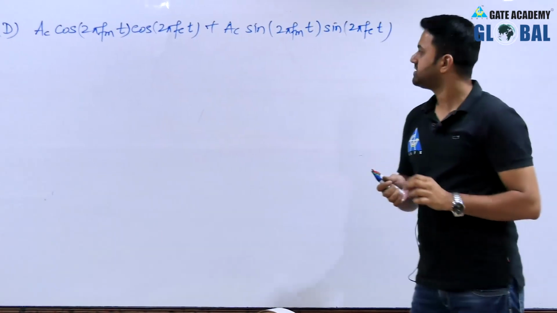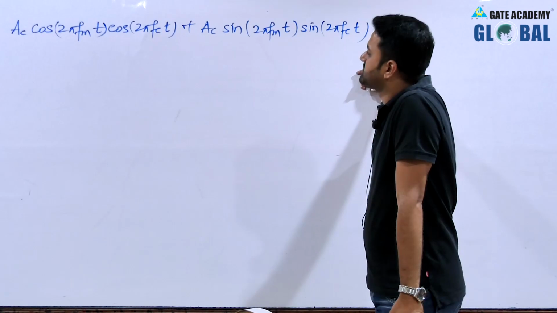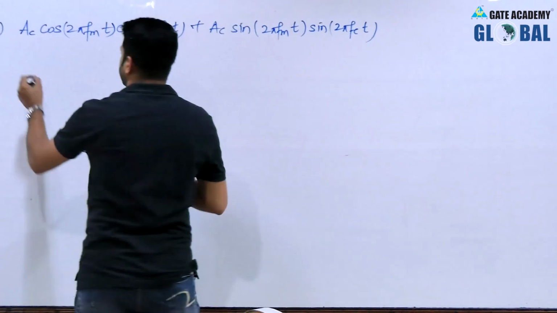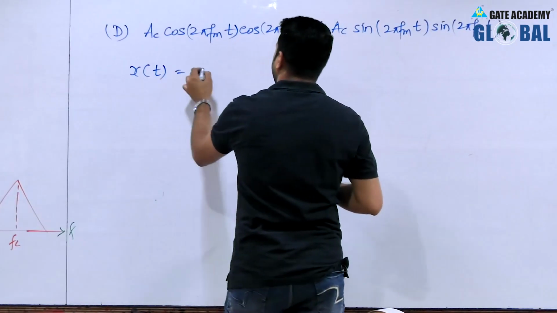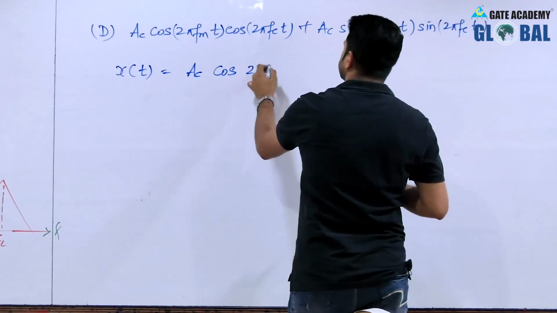Ac is common in both. So this is the formula of cos A cos B plus sin A sin B, which can be written as cos of A minus B.